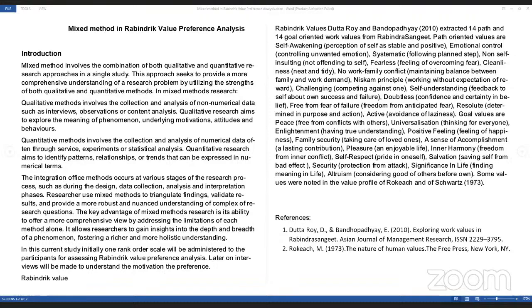The abstract will be 300 words. Next is acknowledgement. Next, table of contents. Next is introduction.